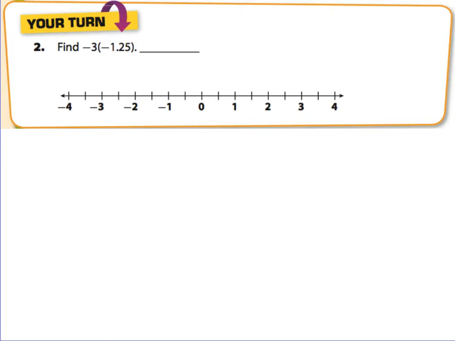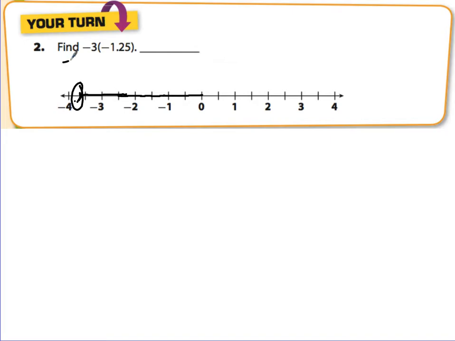Okay, so let's take a look at this on the number line. So I want negative 3 times negative 1 and 25/100ths. Okay, so on the number line, I'm going to go 1 and 25/100ths, and I'm going to do it 3 times. So 1 gets me to 1 and 25/100ths. 2 gets me to 2.5. And then 3 gets me to 3 and 75/100ths.